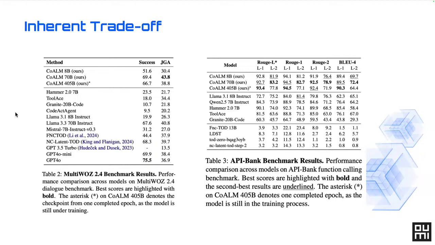But if we go over to the table 2, we see that CoALM is also on this particular benchmark outperforming the majority of the baseline models. So, not GPT-4o, of course, but we're comparing much smaller, simpler models. So, an 8B parameter model versus 4o might be in the hundreds of billions or trillions of parameters.